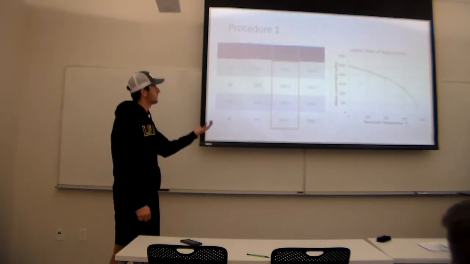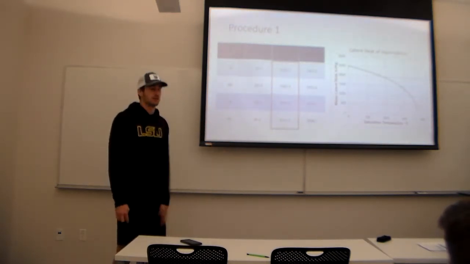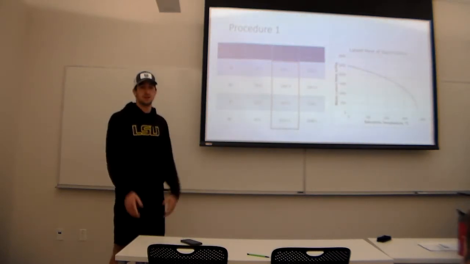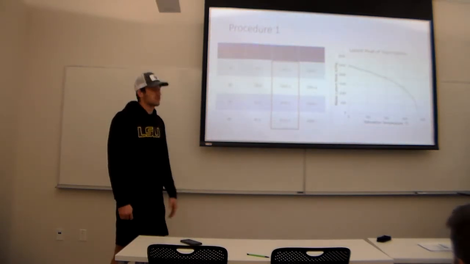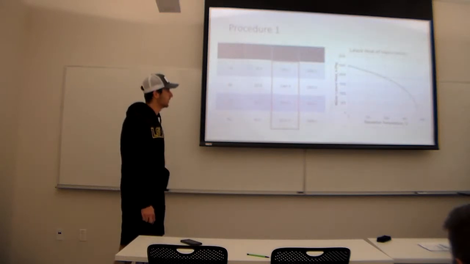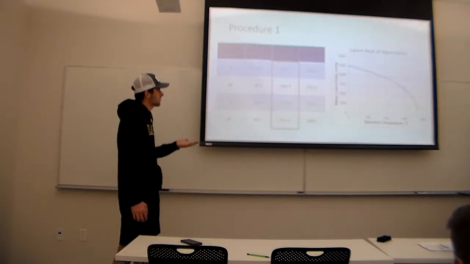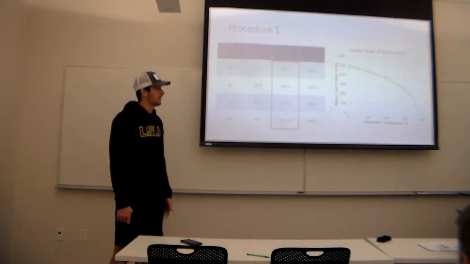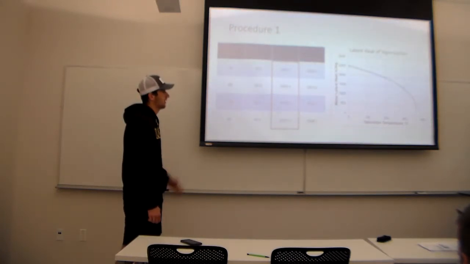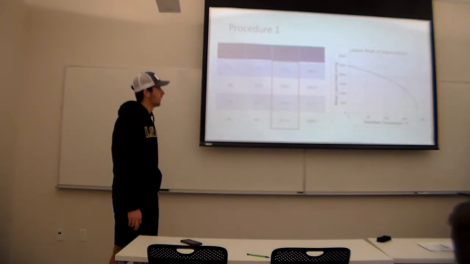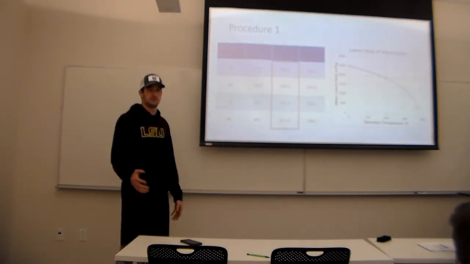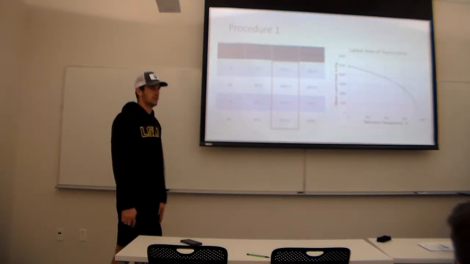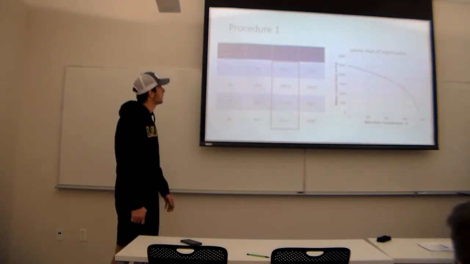At 50 degrees, we got around 1,500 kilojoules per kilogram, whereas the steam table showed almost 1,000 more in that number. And then there is no trend in the data, whereas the graph on the right is what it should look like. As you can see, there's a downward trend with your latent heat as temperature goes up. So these numbers are way off, and this wasn't a good method to solve for specific enthalpy.